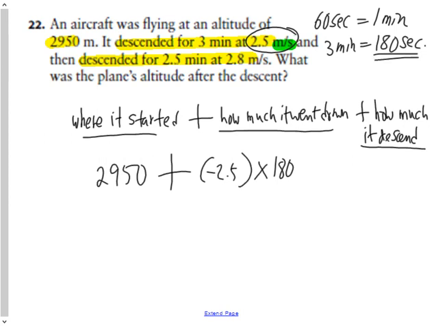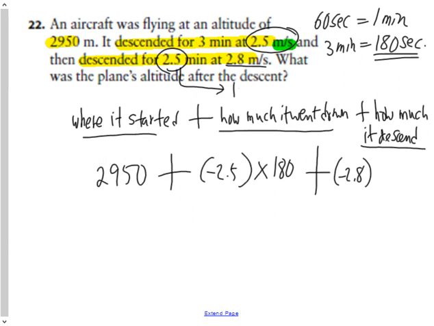And then to that, we're going to add another descent: 2.5 minutes, so 2 minutes and 30 seconds, at 2.8 meters per second. This time it's going to go down 2.8 meters every second for 2.5 minutes.